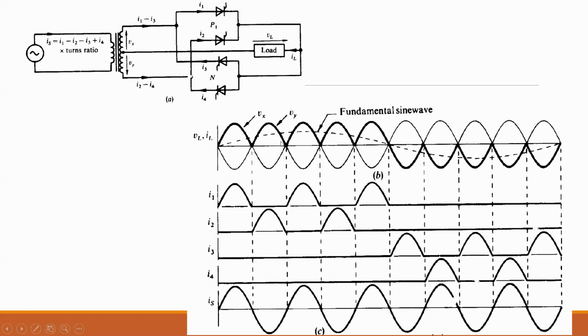Suppose we want to step down the 10 hertz frequency to 9 hertz, or let's suppose to 5 hertz, or to 3 hertz. If we look at the output waveform, actually we are controlling this output waveform. But what do we do if we apply the positive cycle of Vx and the negative cycle of Vy? What can happen?